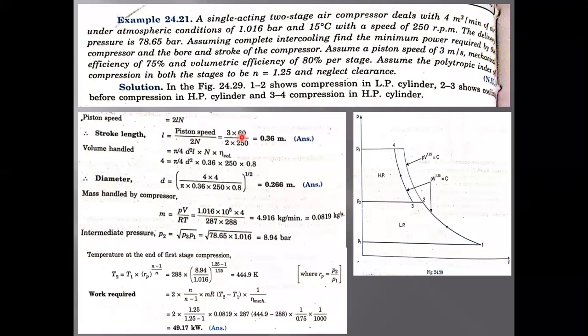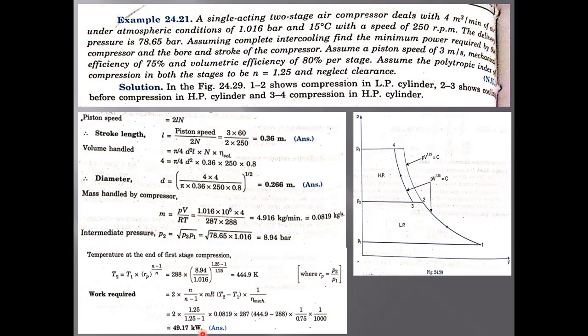So the piston speed is 3, divided by 2 into N, and N is 250 here. Since the given value is per minute, we need to convert it into seconds. Since we are going to find the work required, it should be in kilowatts, and kilowatts means it should be in seconds only.